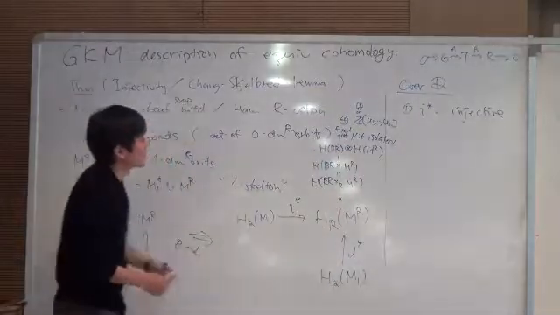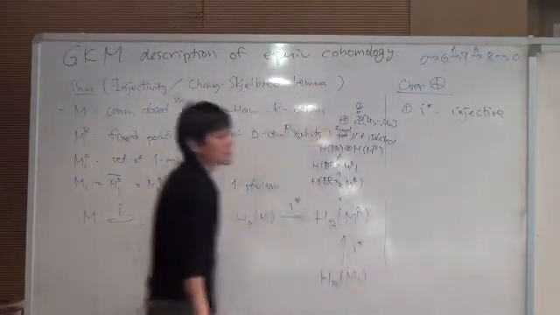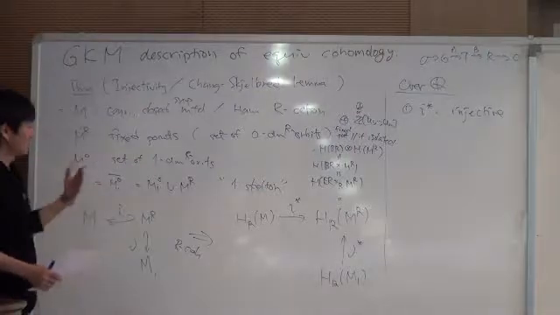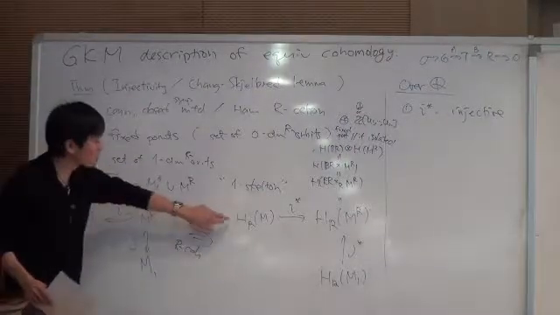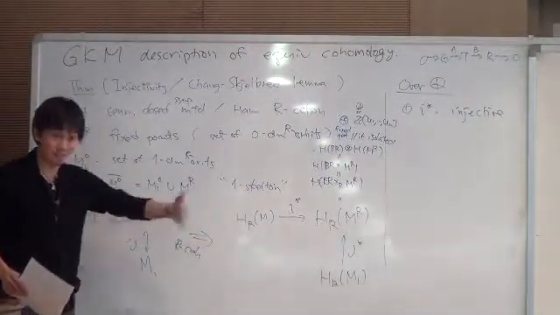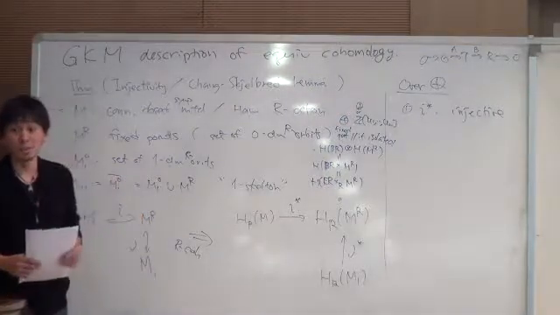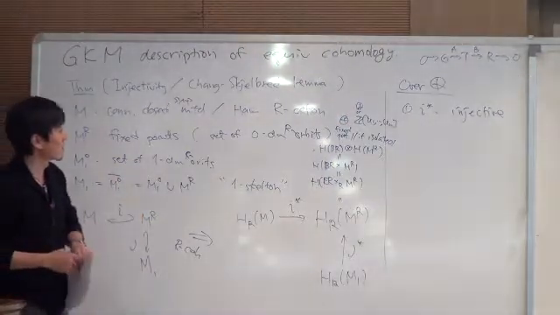That's all it says. The injectivity part is saying that you should be able to present this ring as a subring of a direct sum of polynomial rings, which sounds great.